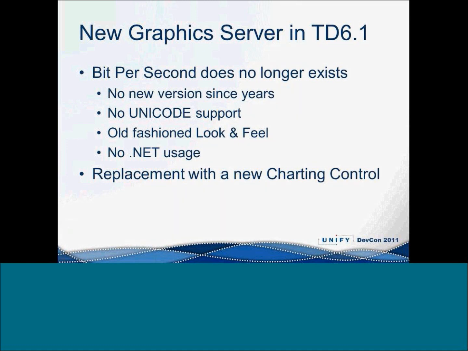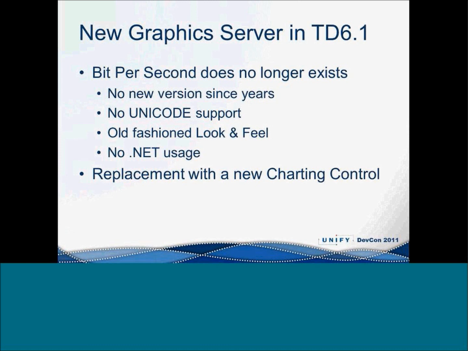So this was one of the reasons why we replaced the charting control, and we want to have full control over this control. That means it should work in both platform and build targets. It was also old-fashioned and had a very old look and feel. So we were looking for something brand new. And of course, the Bits Per Second version of this graphics server didn't use .NET, so it was not possible to compile the application to .NET.